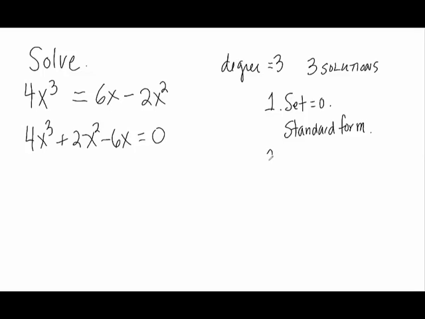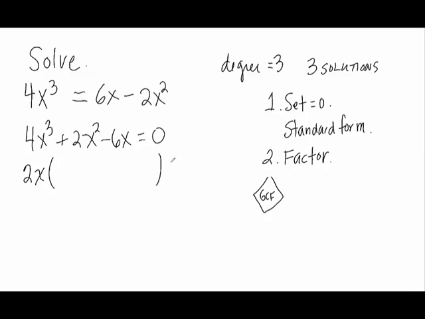The second step for solving a polynomial equation like this is to factor it completely. And anytime you factor, you follow your flow chart that says check for a GCF, the first thing we always do. So I notice that these have a factor of 2x in common.